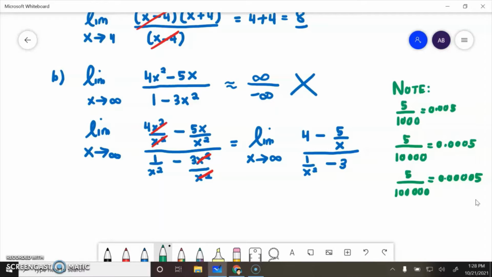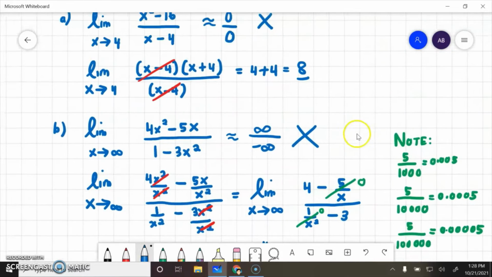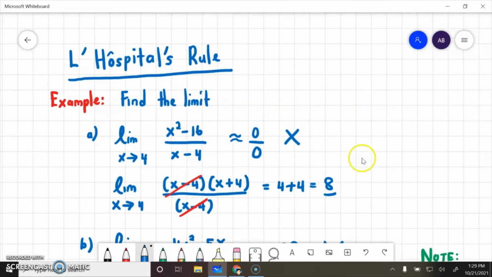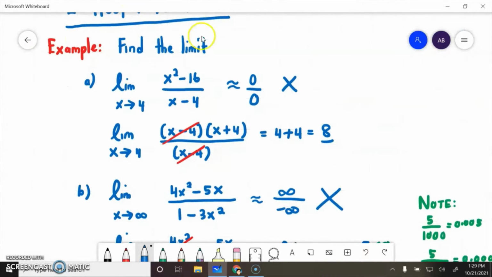So infinity here means a very large number, so the terms with x in the denominator will approach 0. So what will that leave you with? 4 over negative 3, which is negative 4/3. So this is some ways to apply the limit, but we haven't applied L'Hôpital's rule yet.